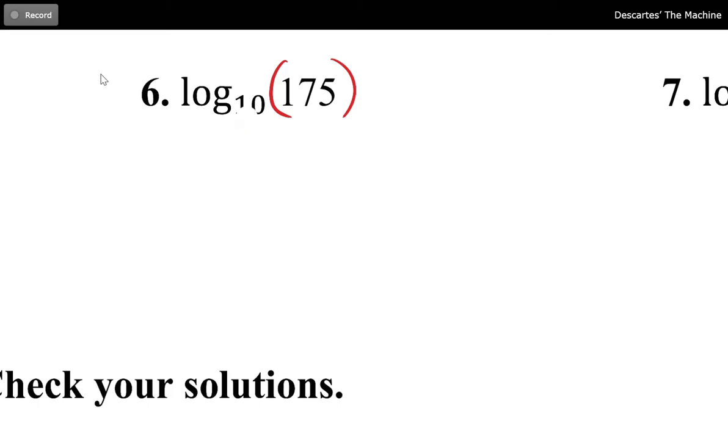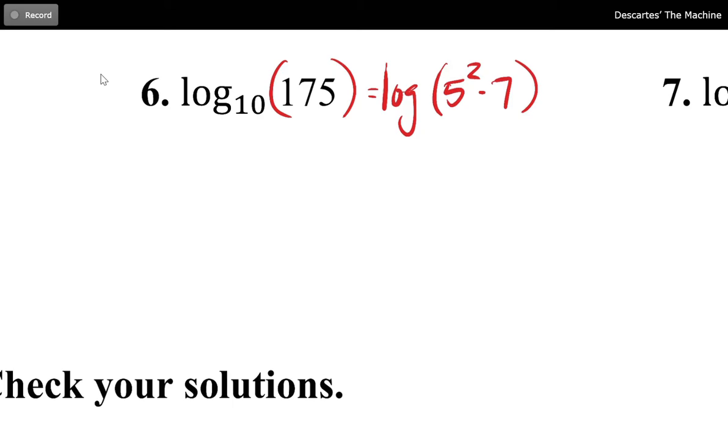And if you give it some thought, you will perhaps see that this is equal to log of 5 squared times 7. Right? 25 times 7 is 175. Okay, let's split it up now. Let's break it down. I have both an exponent and a multiply, but the exponent only applies to the 5.